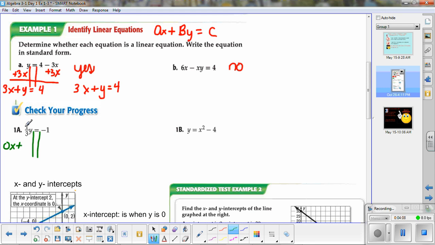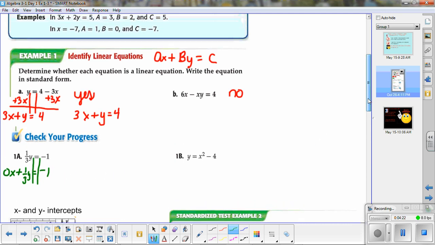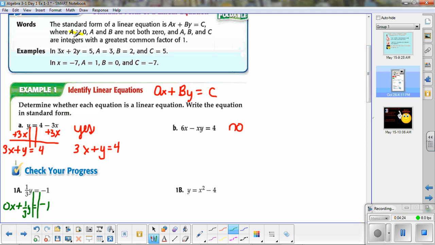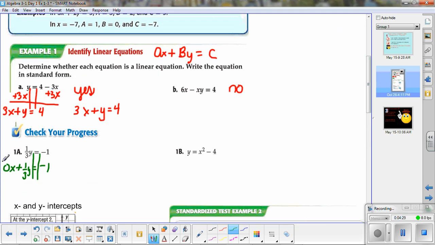I put 0x because there aren't any x's. 0x plus 1/3 y equals -1. This right here is not in standard form. It's not in standard form because remember that a, b, and c are integers with the greatest common factor of 1. So I need to do something to this equation so it is in standard form.